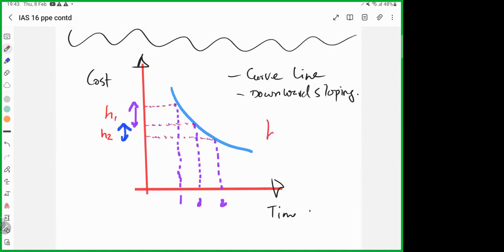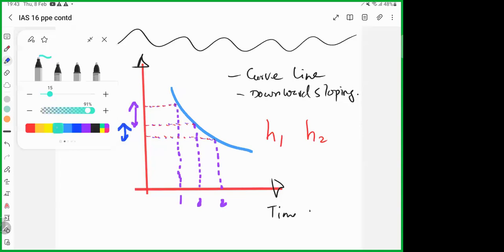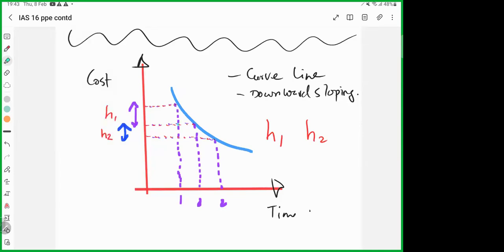H2 is bigger? Look carefully and tell me. When it comes to cost, it will be h1. That's what my question is. So h1 will be bigger, correct?